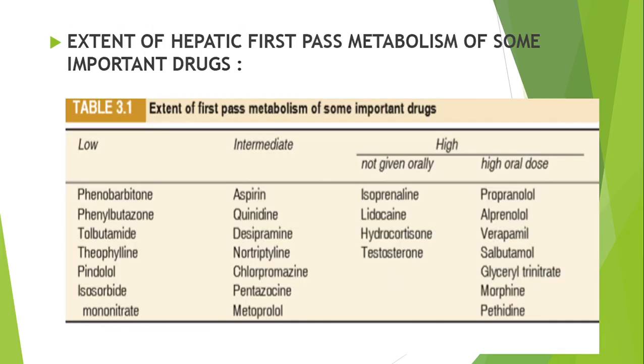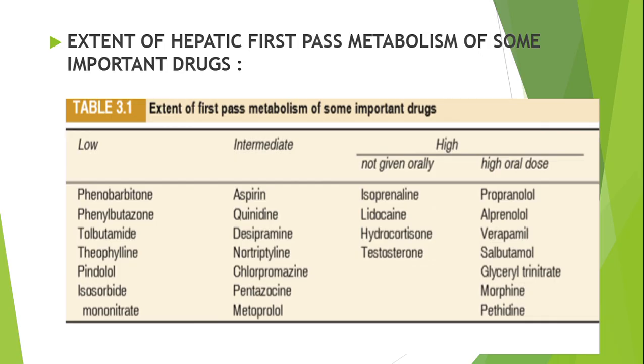Then coming to the extent of hepatic first-pass metabolism of some important drugs. Low first-pass metabolism is seen in phenobarbital, phenylbutazone, tolbutamide, theophylline, pindolol, isosorbide mononitrate. Intermediate first-pass metabolism: aspirin, quinidine, desipramine, nortriptyline, chlorpromazine, pentazocine, metoprolol.